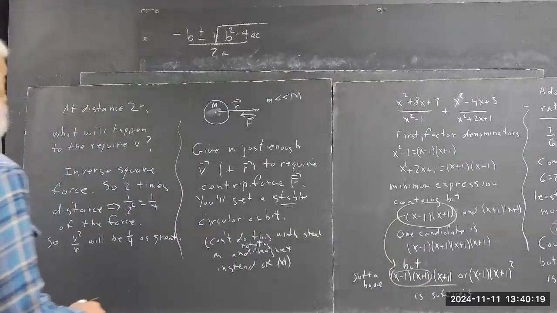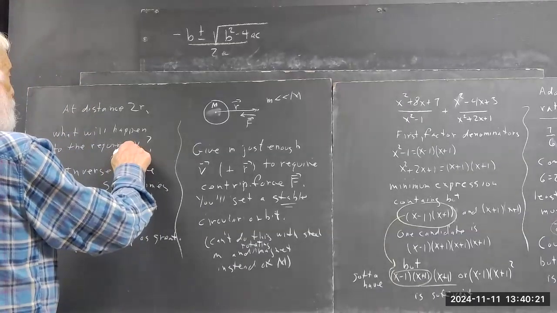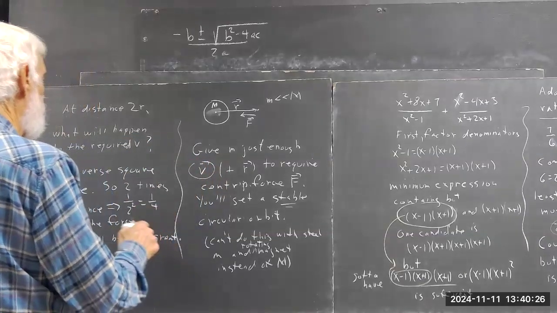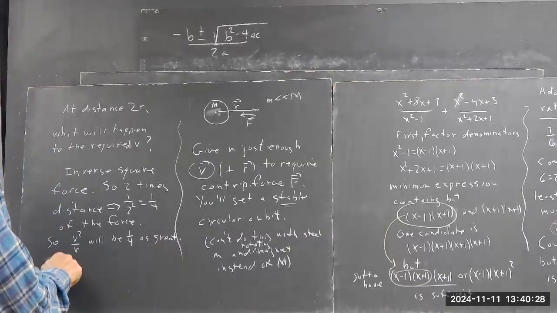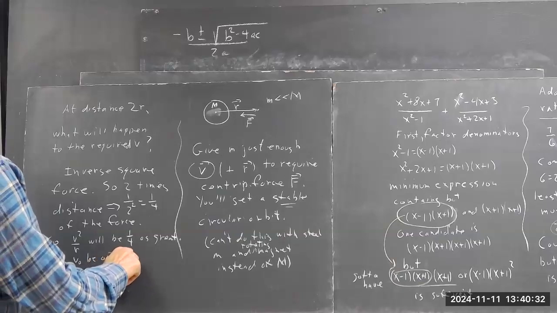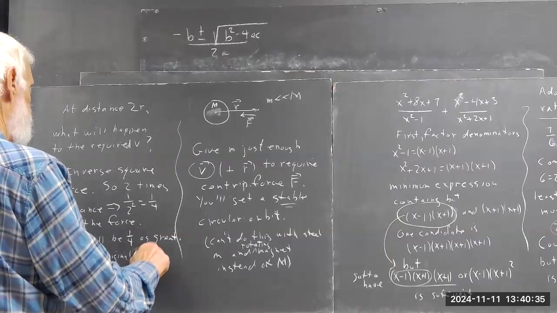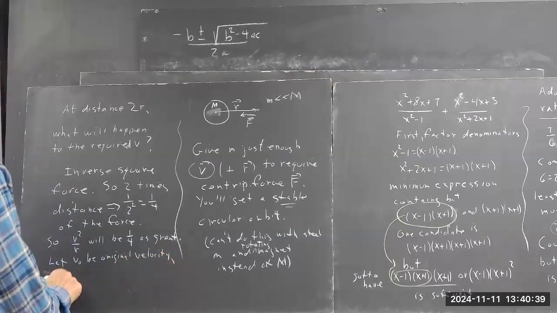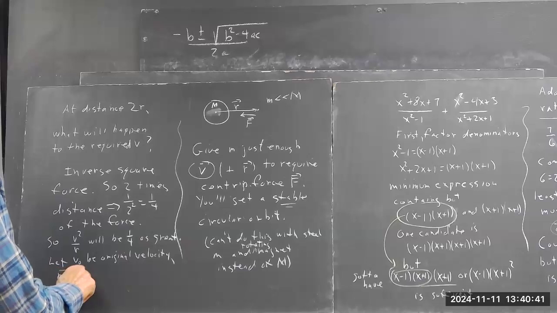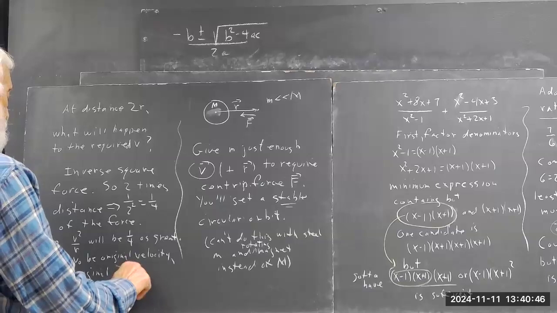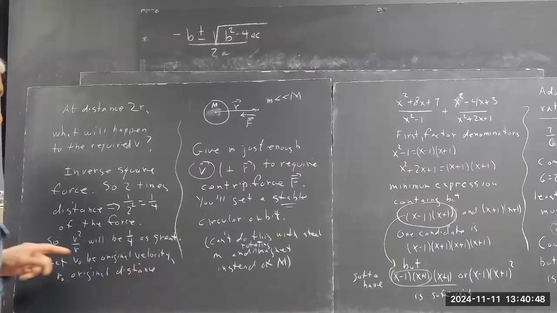Now we're going to let v be the required velocity. We're going to let v be this force. Let v naught be the original velocity and r naught the original distance.